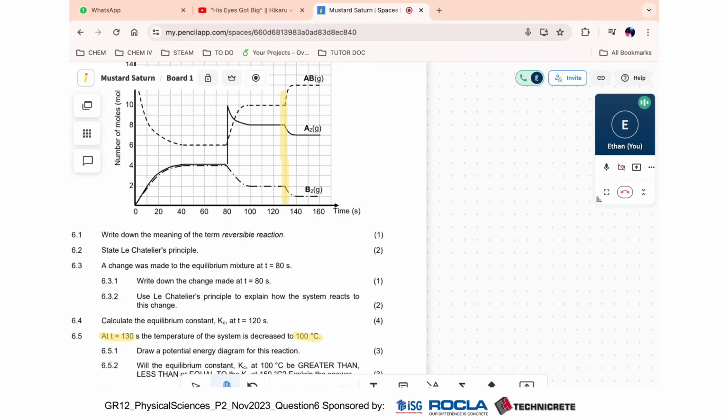So essentially, before we had A2 over B2, and then we had AB2.